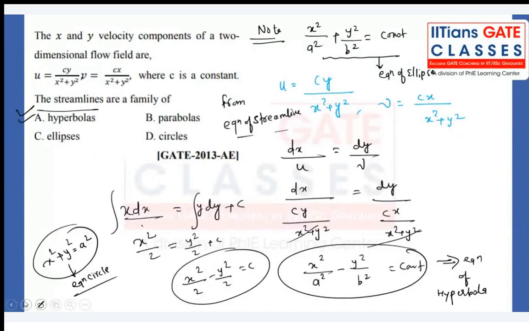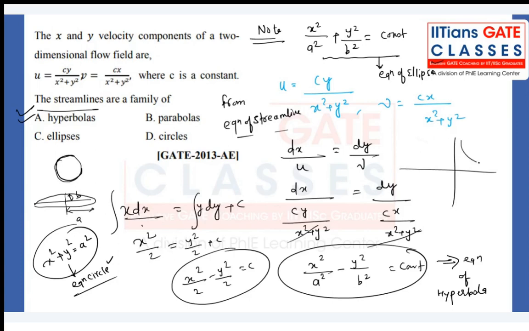When a equals b, there is only a small difference between circle and ellipse. When a and b are different, it is an ellipse. When a and b are the same, it is a circle. Otherwise, hyperbola, you know that. Getting my point?